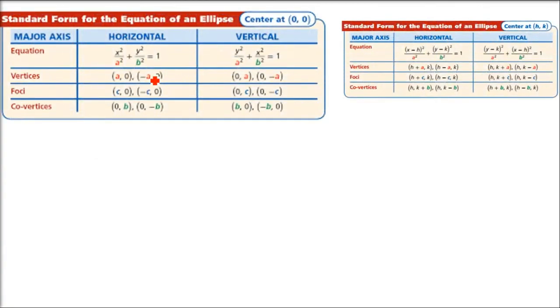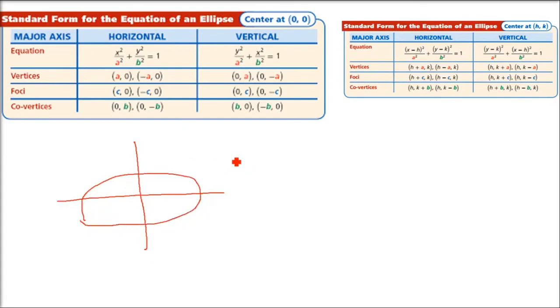So let me add a few more things here. There are 2 types of ellipse: the horizontal ellipse and the vertical ellipse. So far we have talked about the horizontal ellipse. What will be the changes when we draw a vertical ellipse? This is the x-axis, and when we make a vertical ellipse, the major axis will be on the y-axis rather than on the x-axis.